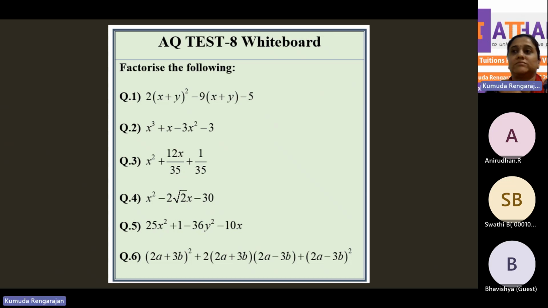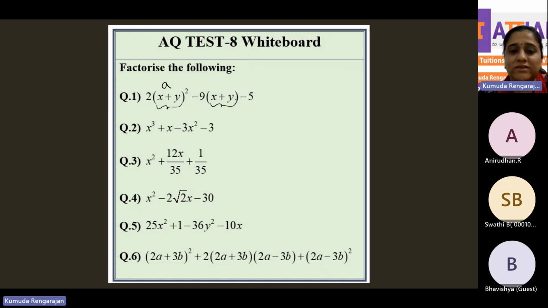The first one. I'll tell you how to start, then you'll do it by yourself. Now, replace x plus y with a.